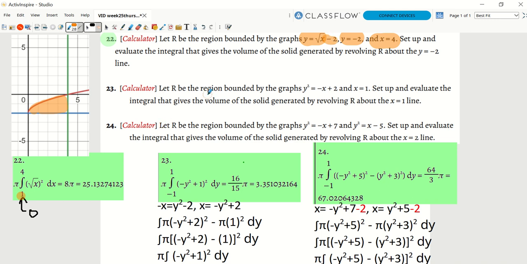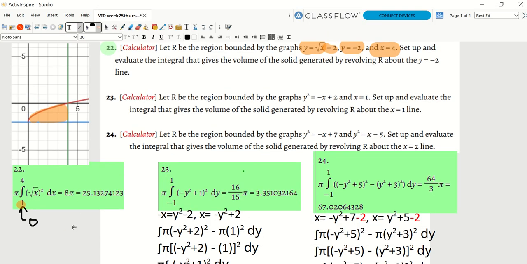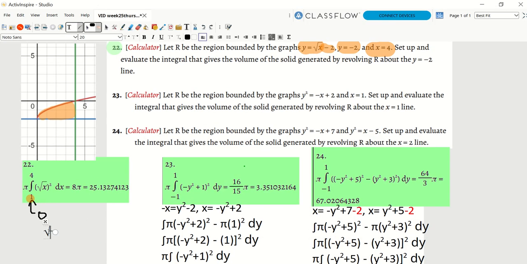Oh, sorry, I just brain farted for a little bit. We're going to do root x minus 2. What's the best way of describing this?